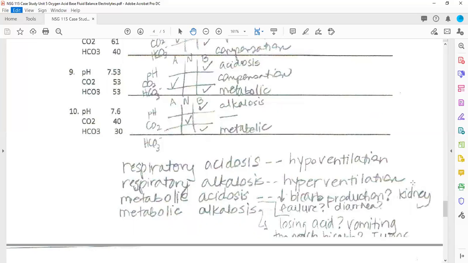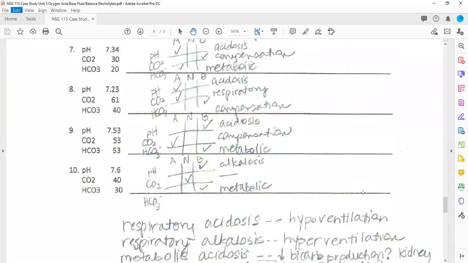It could also be that we are taking in too much alkaline. Let's say that we're taking something like Tums, which is a bicarbonate, to neutralize stomach acid. If we've got an upset stomach, taking lots and lots of Tums can actually neutralize that stomach acid and cause an alkalotic status. So it could be taking in too much of that alkaline, okay?